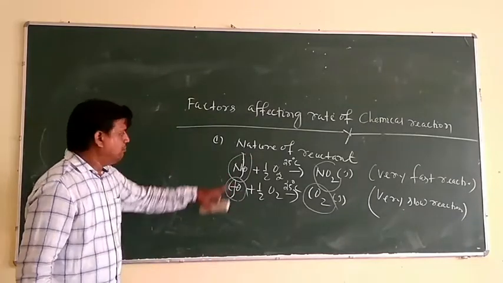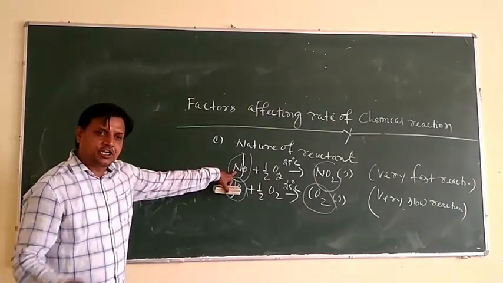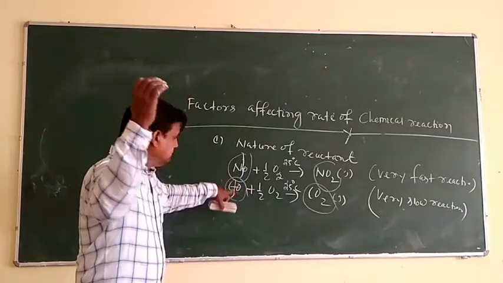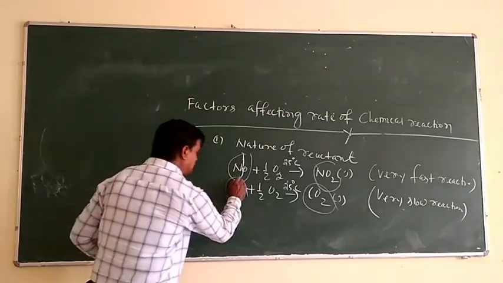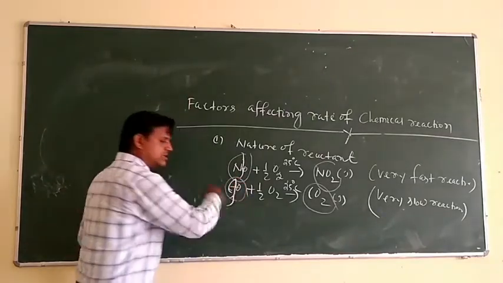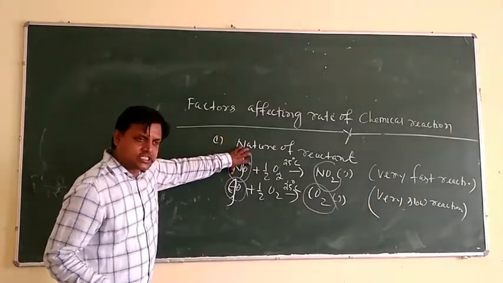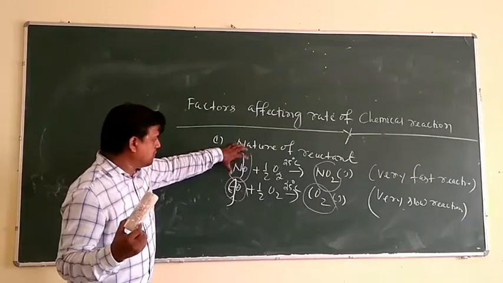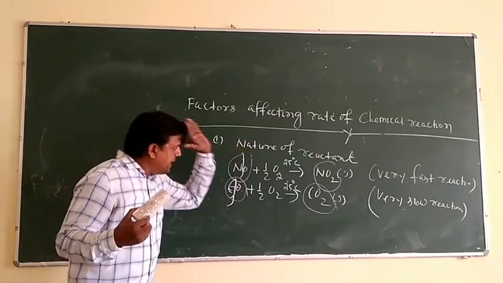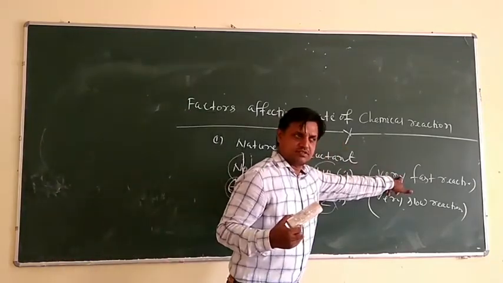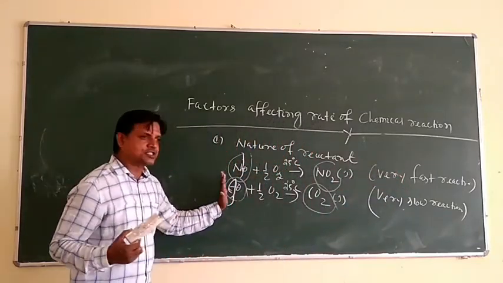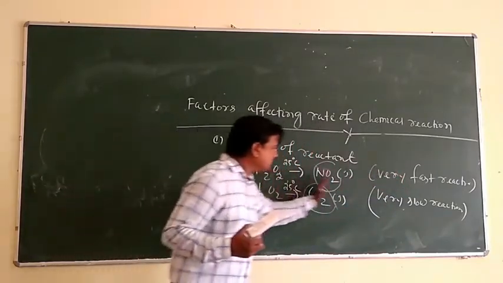Means bond energy of NO is very less in comparison to the bond energy of CO. Lesser bond energy of NO makes the reaction very fast, and larger bond energy of CO makes the reaction very slow.